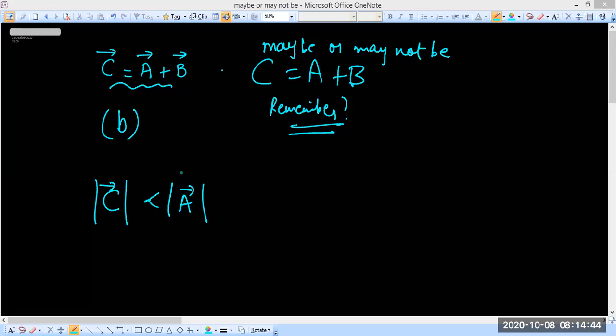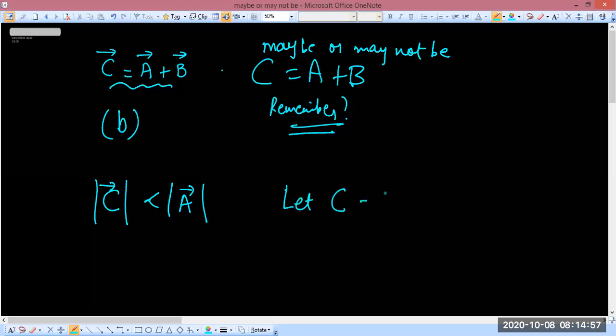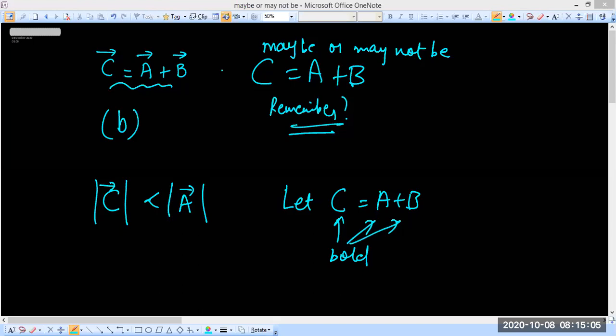Please look at the question carefully. Where it is written let C is equal to A plus B, do you see that these are bold?